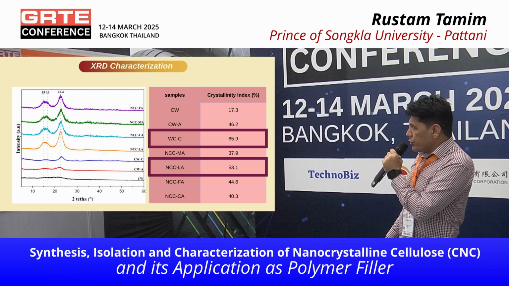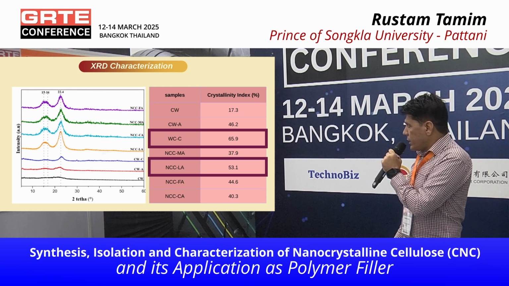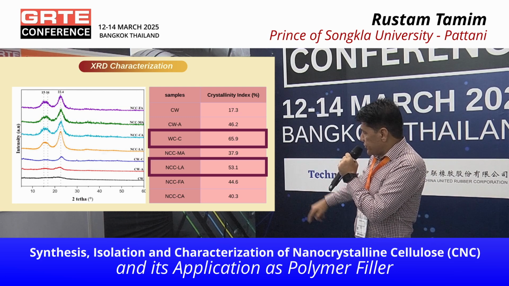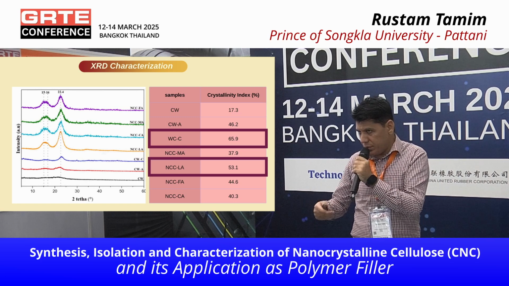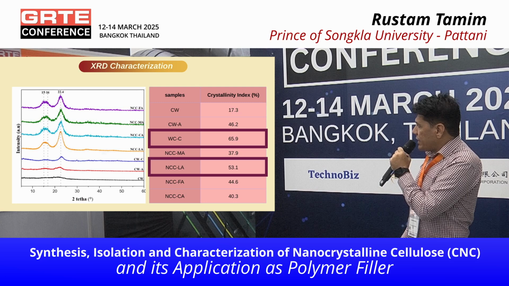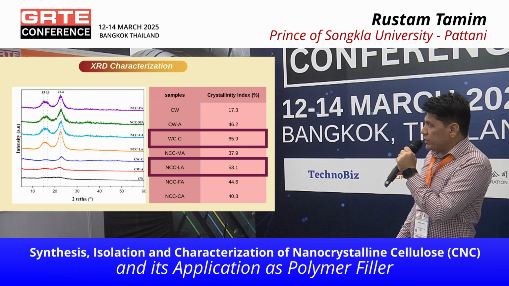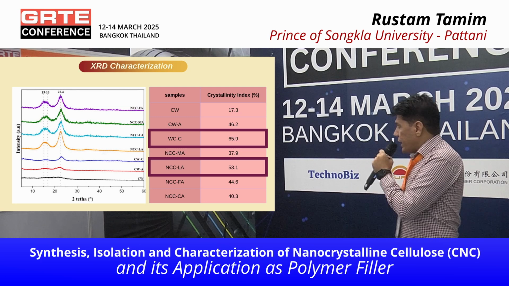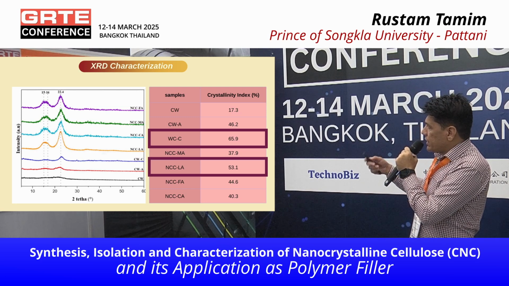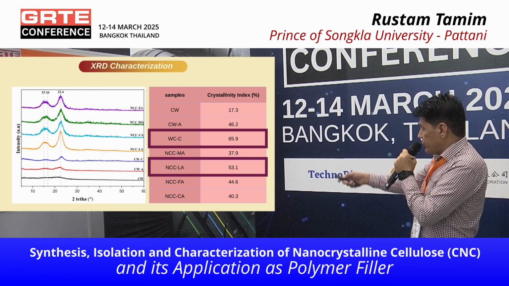Here you see the bottom three spectra: the starting material, then the initial treatment, and then after that we use the different organic acids for hydrolysis, and the crystallinity increases.